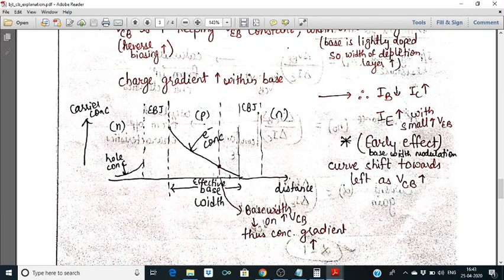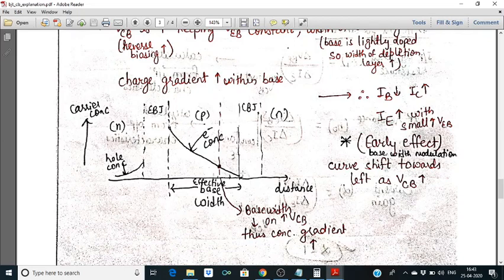Now this is the charge concentration versus distance graph. In this we can see that this is the emitter base junction and this is the collector base junction. This is the concentration gradient of electrons in the p-type base region. This was the effective base width when we have less VCB.